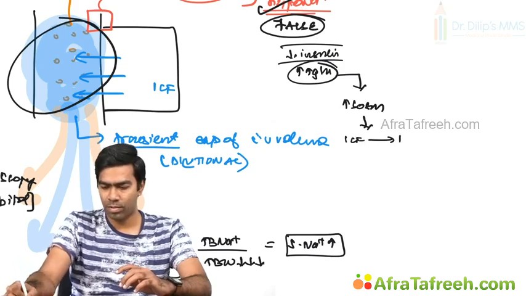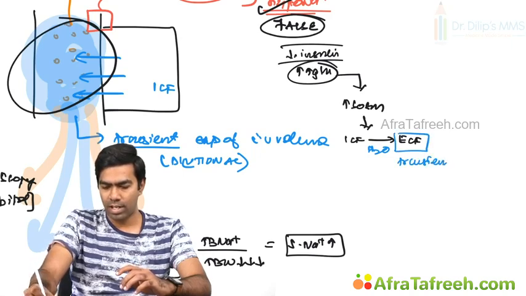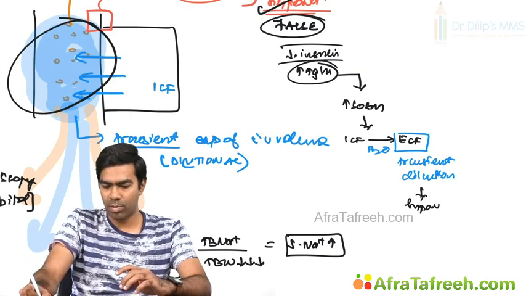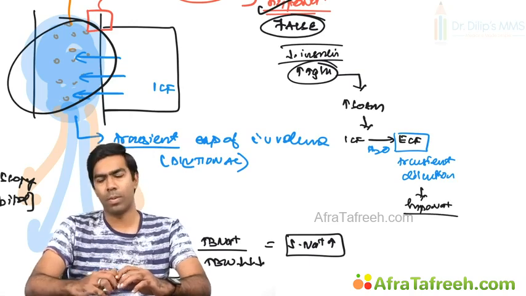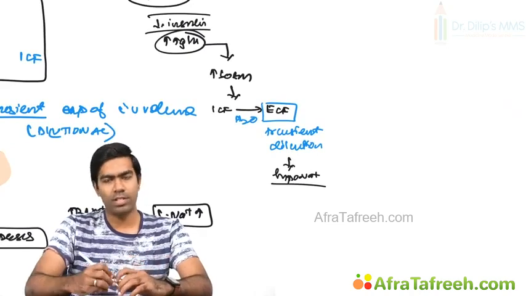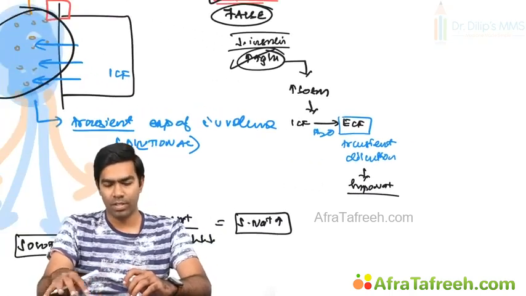Water movement from ICF to ECF. And this will obviously result in transient dilution of the ECF, and the patient will be having hyponatremia. The serum sodium levels will be low. And you can actually predict how much the serum sodium will reduce, especially when the patient is having hyperglycemia.